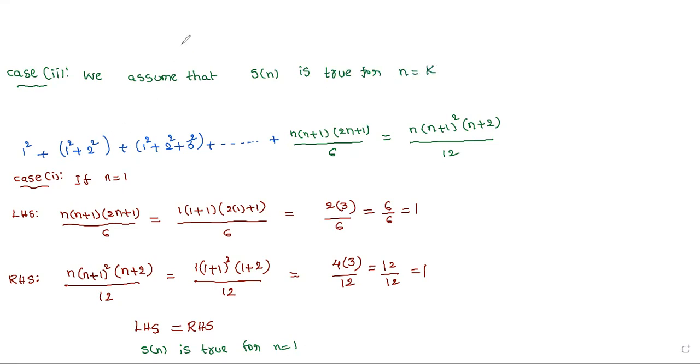So just replace n with k: 1 square plus 2 square plus 3 square and so on plus k into k plus 1 into 2k plus 1 by 6 is equal to k into k plus 1 whole square, k plus 2 by 12.